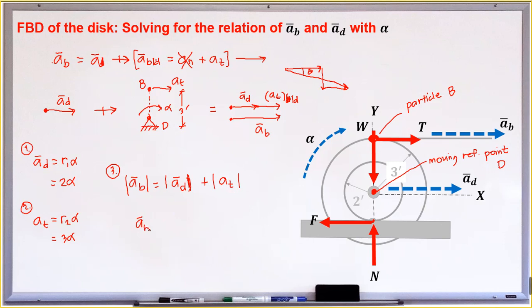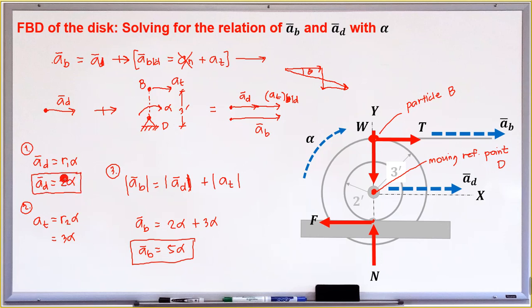We only add the magnitudes, because this is the magnitude of the acceleration of the particle B. So that is equal to 2 alpha plus 3 alpha, and that is equal to 5 alpha. So therefore we now have a relation between the linear acceleration of our block, which is equal to 5 alpha, and the linear acceleration of our disk, which is equal to 2 alpha. So we can use it now.